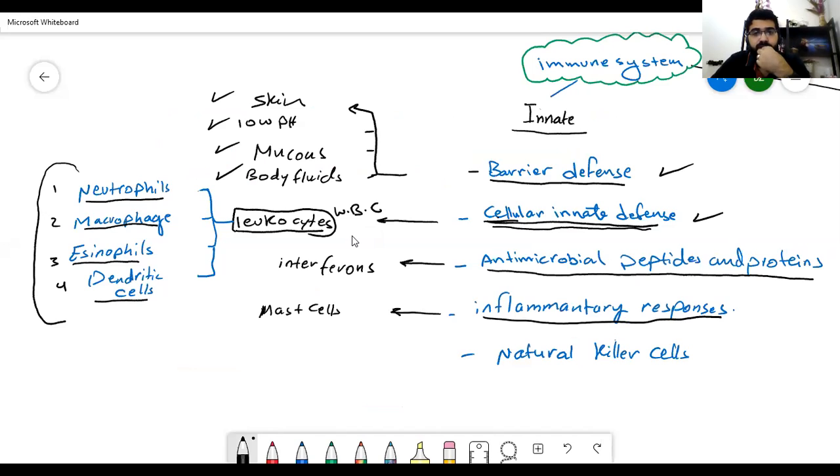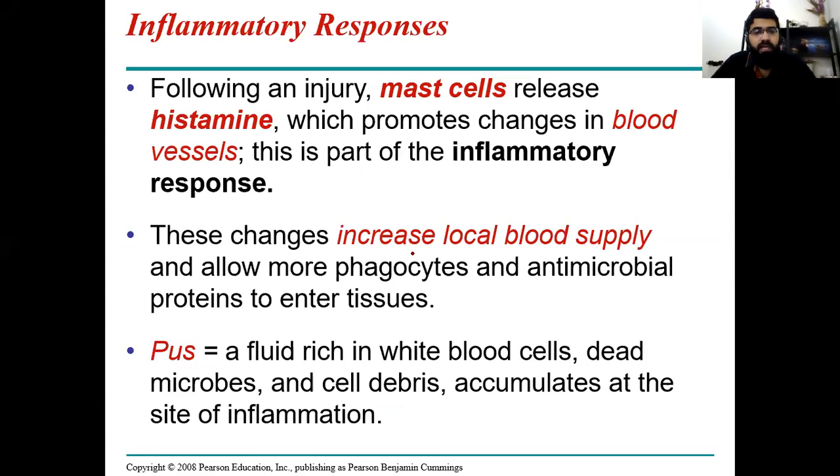Inflammatory response. Following any injury in the body, there are cells called mast cells. Remember this name, a very important name, mast cells. Once there's injury, these cells release histamine. I think this name is popular for you, right? Mast cells release histamine. What does it do? Look, this histamine promotes changes in blood vessels and makes the blood vessels wider.